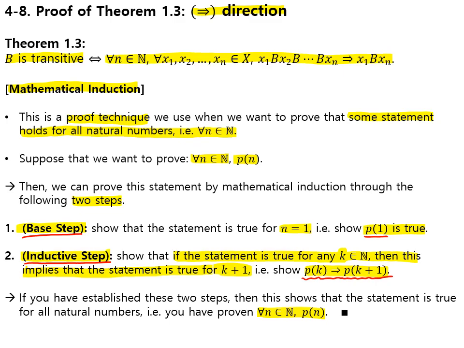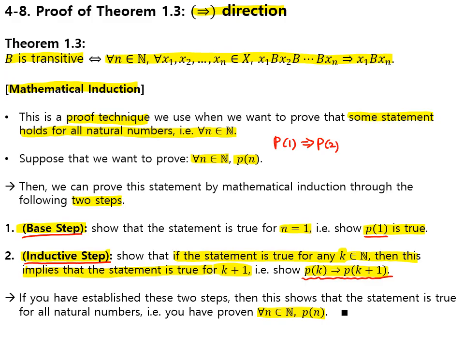Here is the basic logic of why this works. In the base step, you have established that P1 is true. By the inductive step, you have established that if Pk is true, then Pk plus 1 is true. Together with the base step, this implies that if P1 is true, then P2 is true, right?